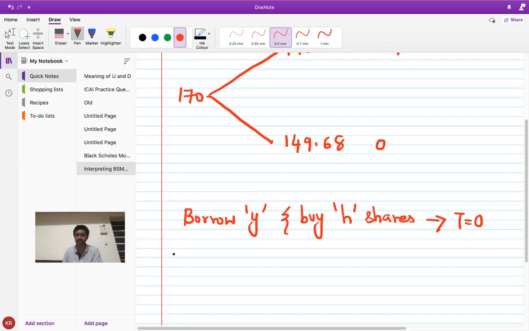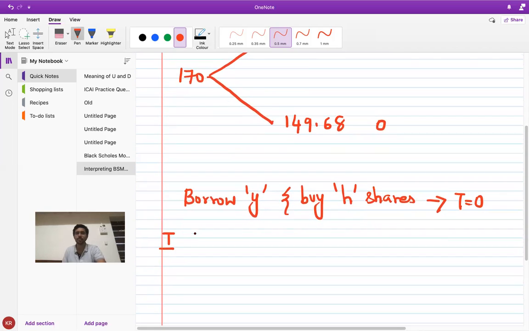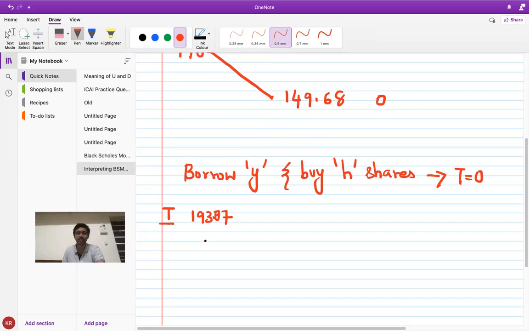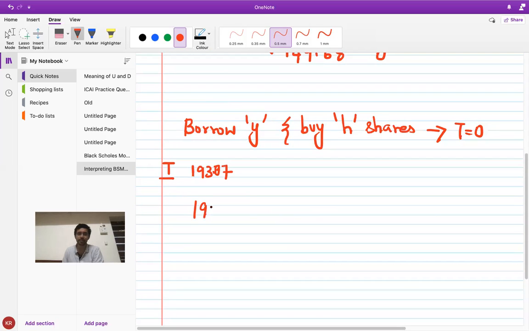So at t equal to 6, the first possibility is the share price is 193.07. When I sell H shares, my cash inflow is going to be 193.07 into H, because one share is worth 193.07, but I am having H shares. So my cash inflow, which I'm denoting as positive, is 193.07 into H. But I will have to repay these borrowings, not just the principal amount, but principal plus interest.